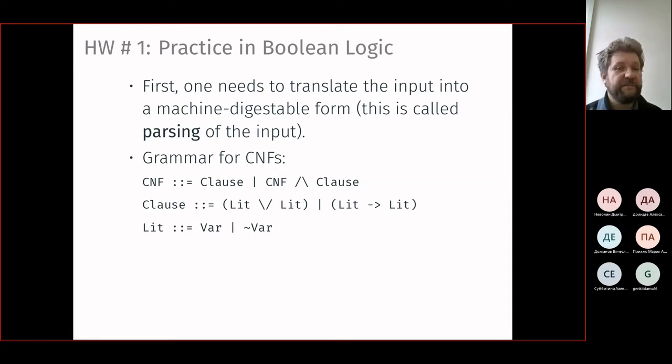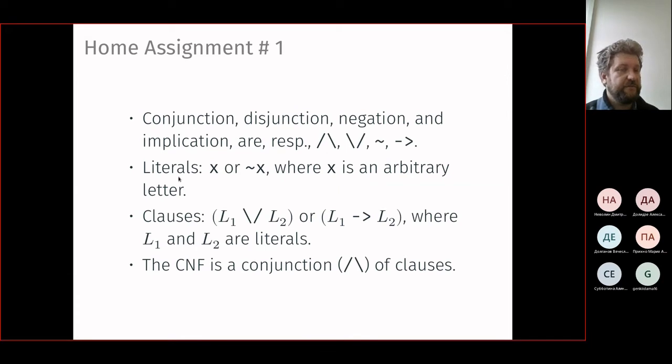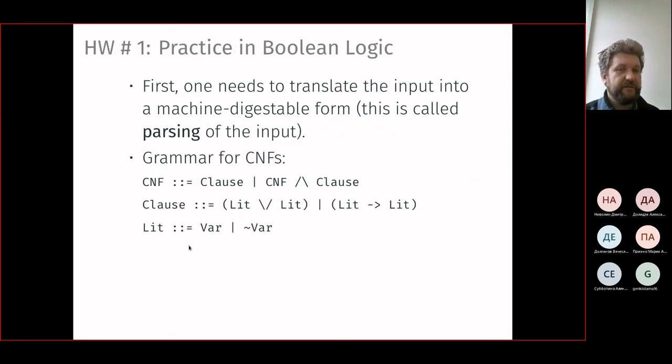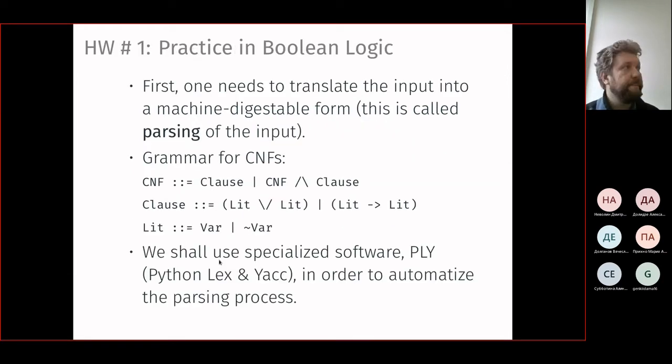It says: a CNF is either a clause or a bigger CNF conjunction clause. A clause should be in brackets, and it's either a disjunction of literals or an implication of literals, and a literal is a variable or negation of a variable. It's a formal notation for the same thing which we have seen here. So this is informal and this is formal, and it's the same.